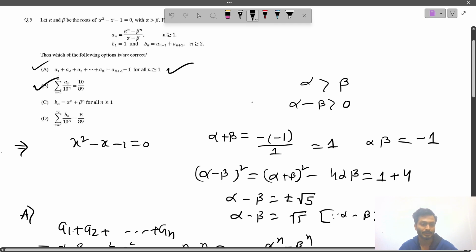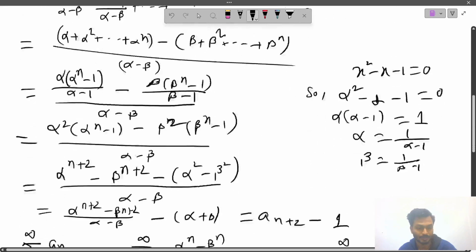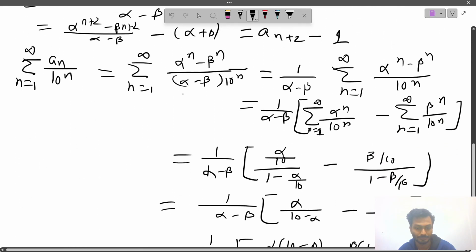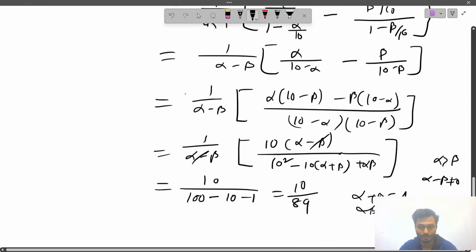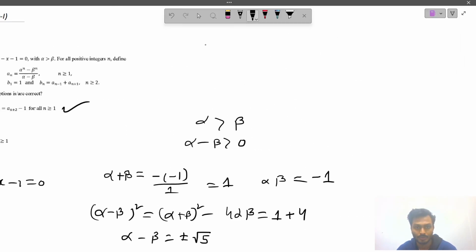Now let us look at the third option. We have to prove Bn equals alpha to the power n plus beta to the power n. So Bn is given here as an minus 1 plus an plus 1, right?